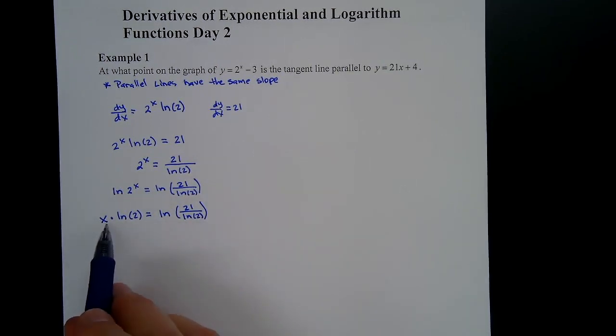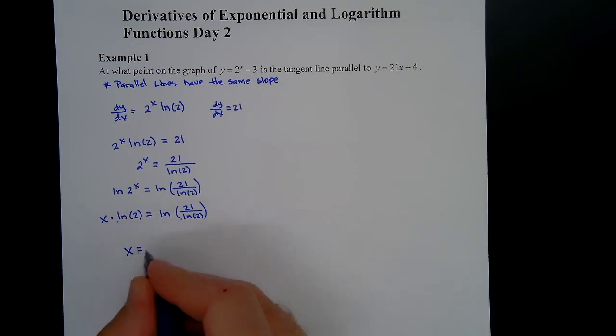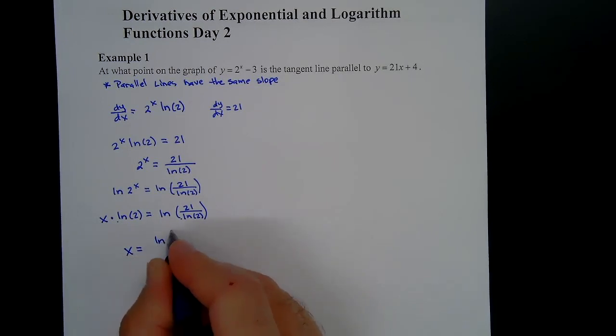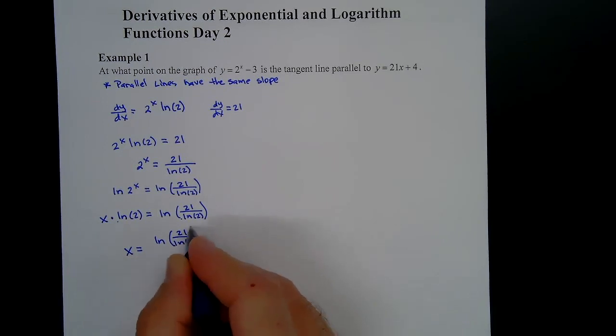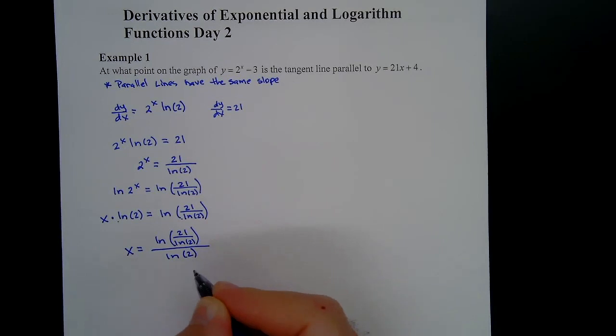And now to get x by itself, all I need to do is divide both sides by the natural log of 2. So x is equal to the natural log of 21 over the natural log of 2, all over the natural log of 2.